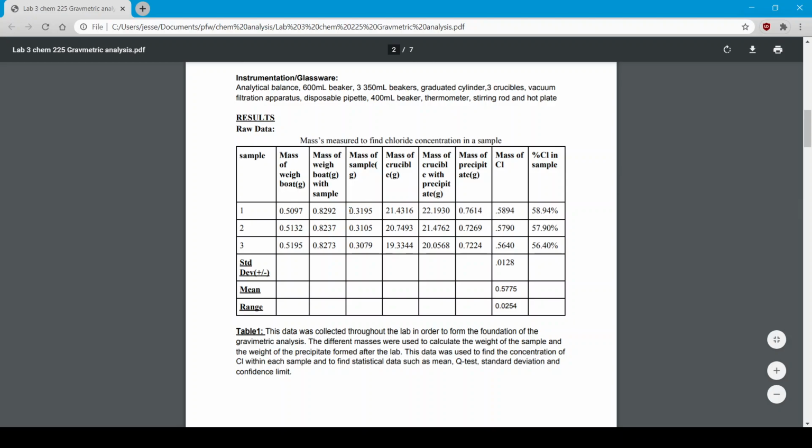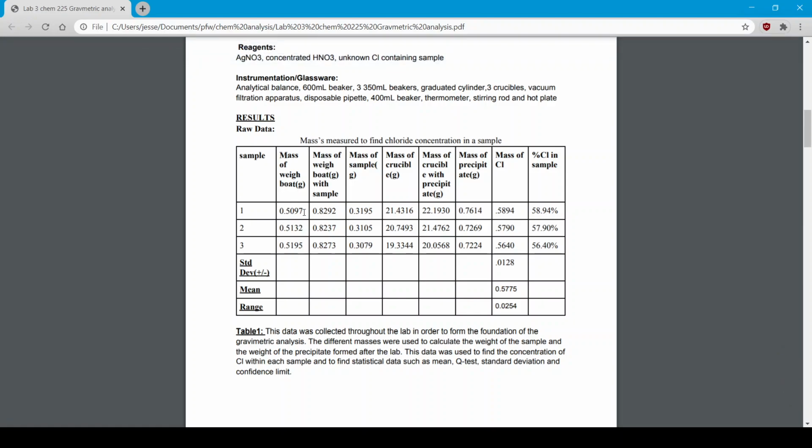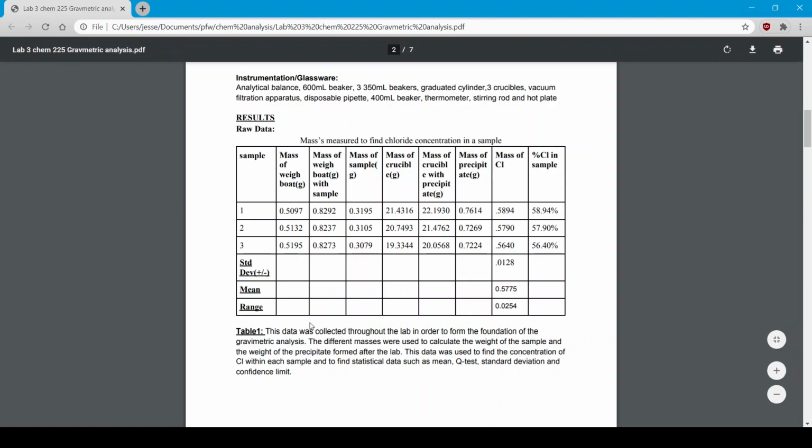Now, this is extremely important for the purpose of lab, in order to be precise, which is essentially precision. I would describe that as repeatability almost, if I could put it in simple terms. So essentially, we repeated this 3 times.